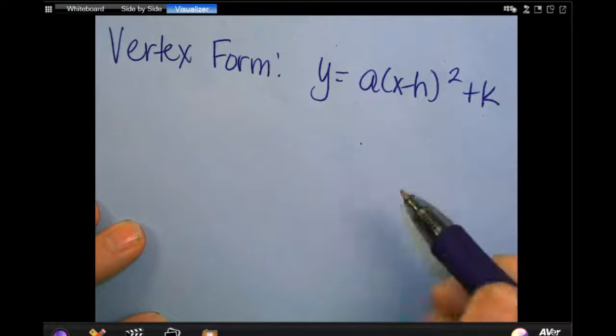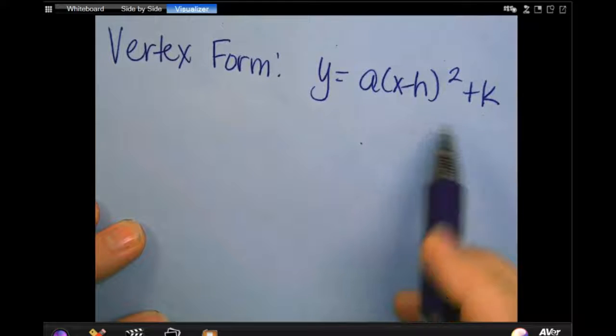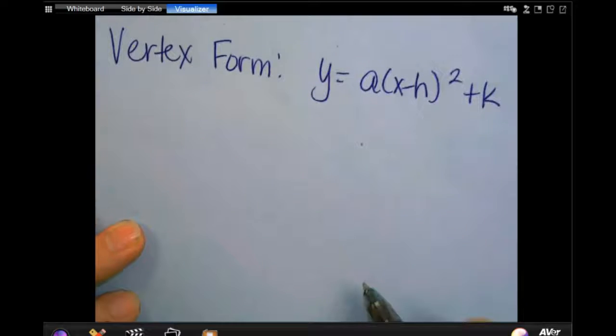Isaac, what is it? We completed the square to put it in vertex form. So sometimes when we start in standard form, we're going to have to complete the square to put it in vertex form. Sometimes we're going to be given some information.